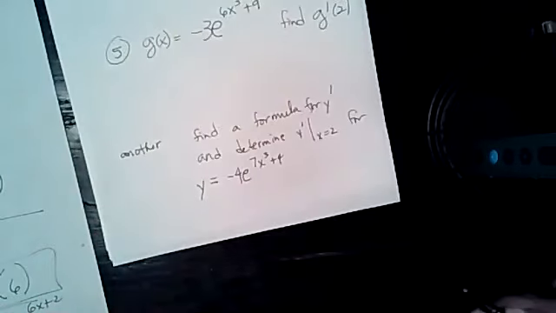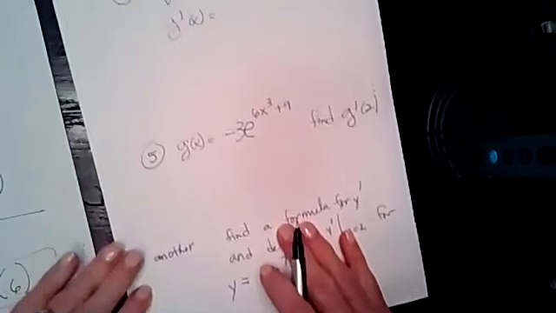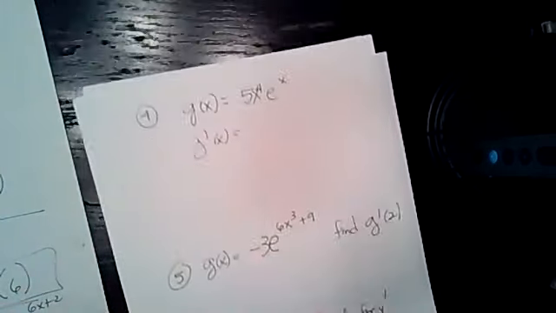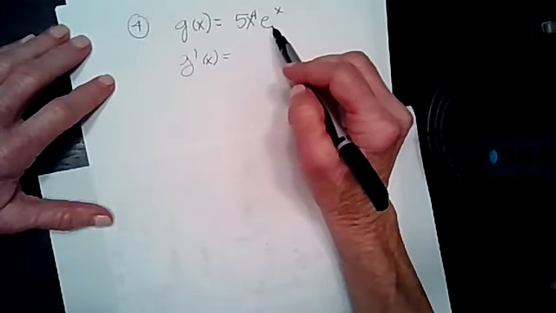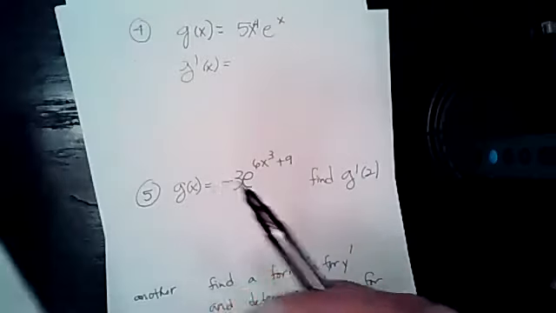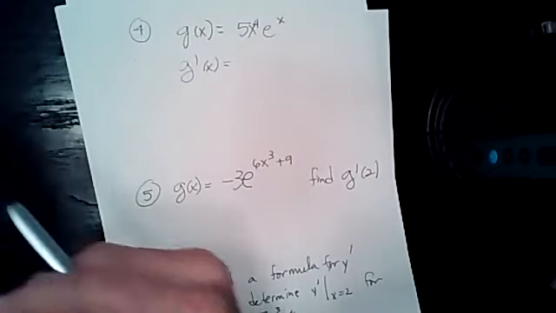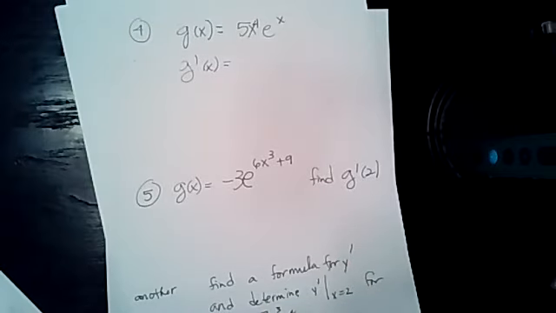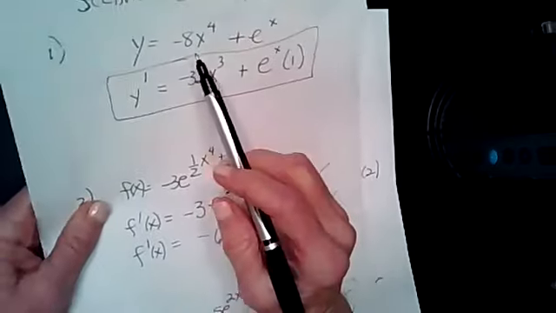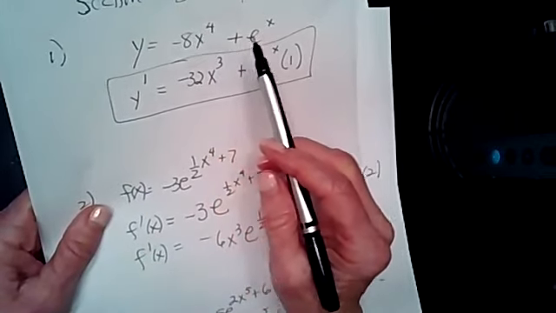Okay, all right, let's look at number 4. Number 4 is 5x to the 4th times e to the x. Before, we had negative 8x to the fourth plus e to the x.